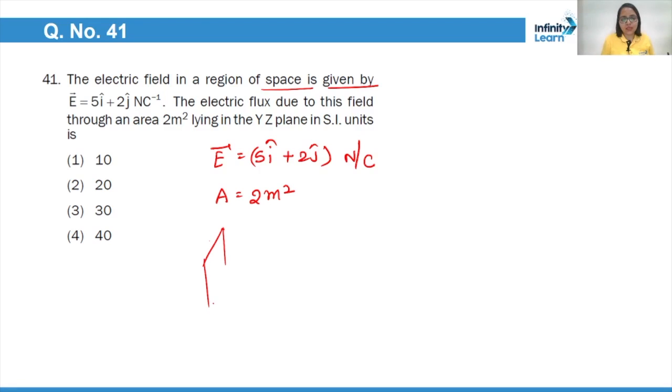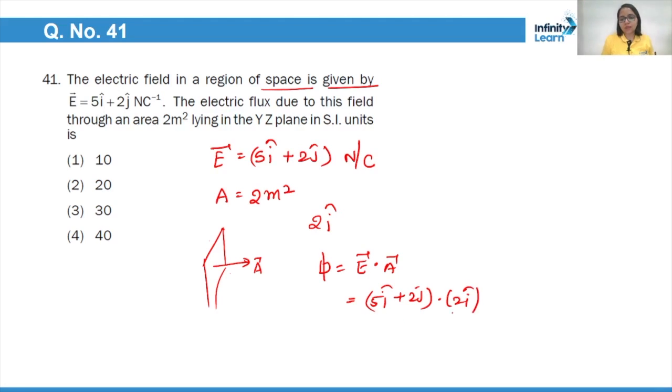So if it is lying in xy plane, then its area vector will be parallel to z-axis. So you can assume that area vector is 2 K cap, right? So electric flux phi is E dot A vector. So it is 5 I cap plus 2 J cap dot A vector. So this is 10. So correct answer is option 1.